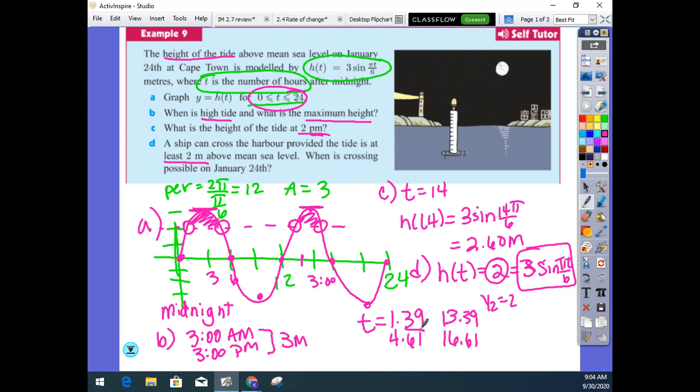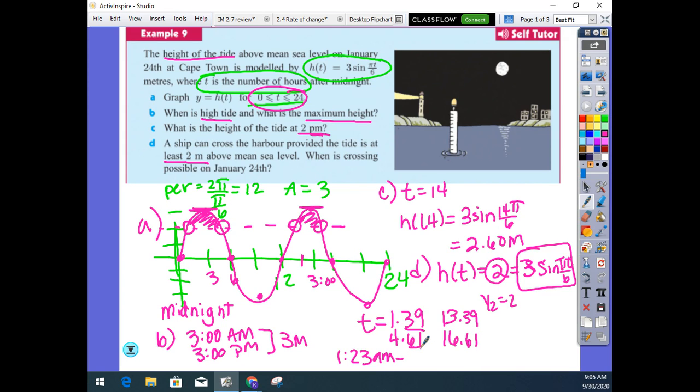Now, this is 1 hour and 39 hundredths after midnight. So take your decimal 0.39, multiply by 60 minutes, and you get 1:23 a.m. Then we're going to do the same here.